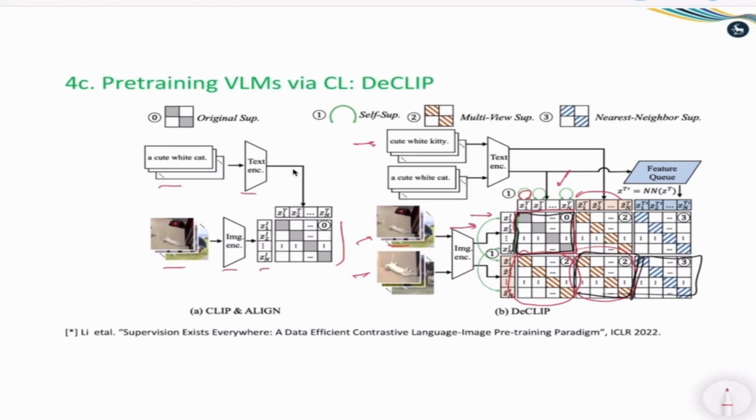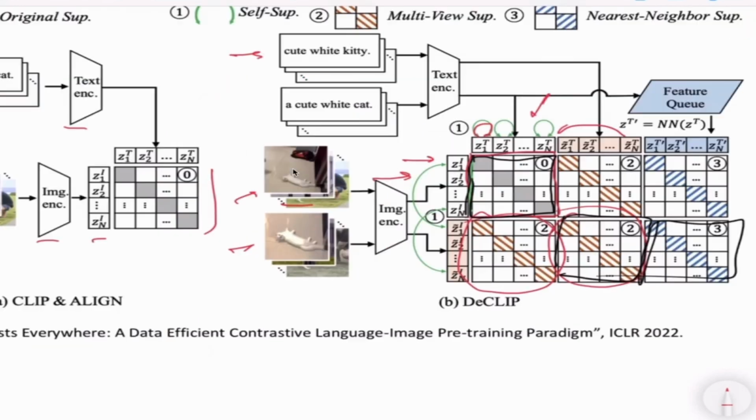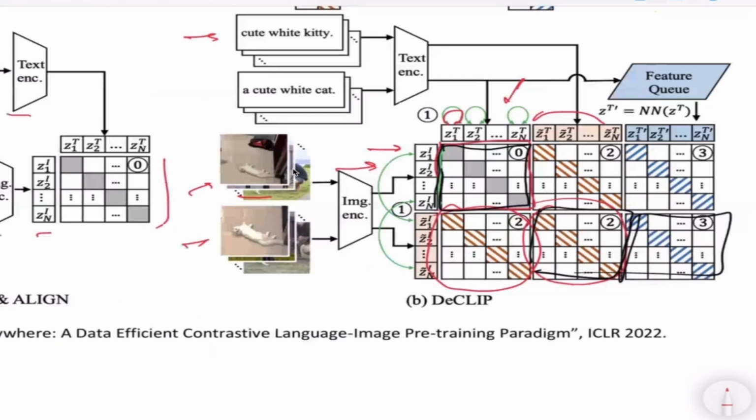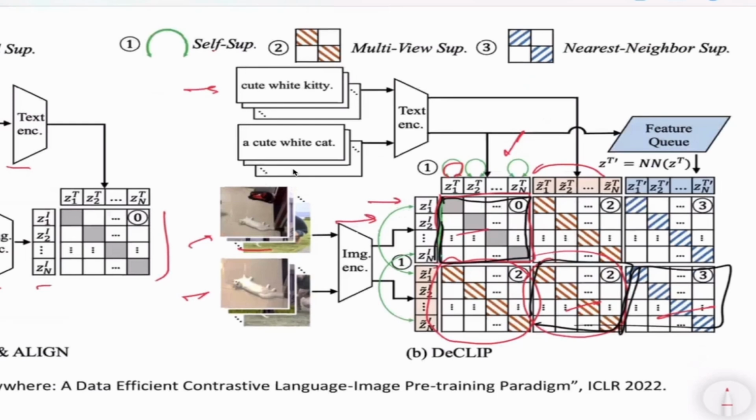So the idea is that you do contrastive learning within images, you do contrastive learning between images and text on the black highlighted part, which is 0, 2, and 3 in the relevant position. So it is this one, and this one. And then there is another thing which they did, is that they took the text part only and they look in the database of a few million images and find the nearest neighbor with respect to text.